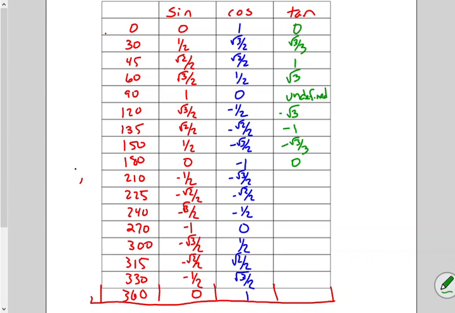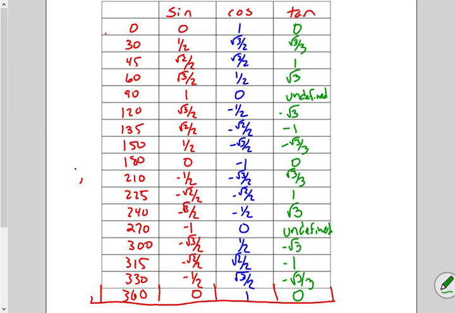And then we go back to positive, root 3 over 3, 1, root 3. And then we have undefined. And then we're back to negative, negative root 3, negative 1, negative root 3 over 3, and then we have 0 again.